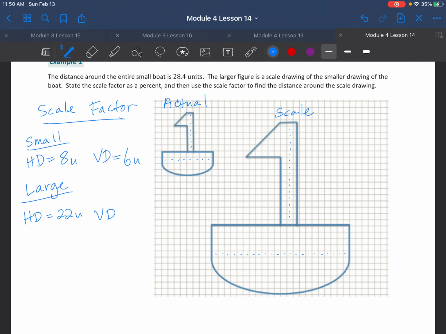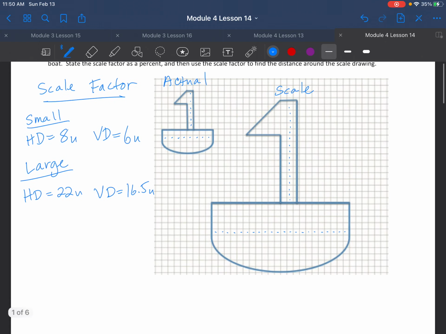So that's 22 units. Our vertical distance is 1, 2, 3, up to 16, and then we've got about half of one, so we're going to call that 16.5 units.